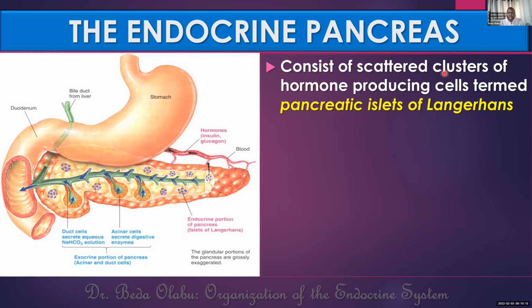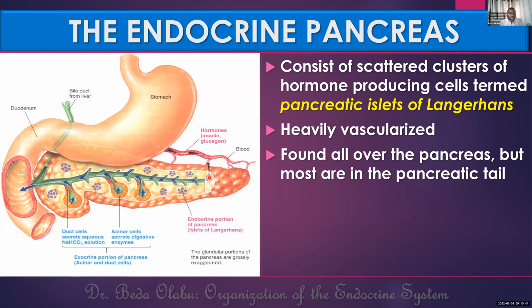We call them the pancreatic islets of Langerhans because they exist as islets. So those are islets. They're scattered all over the pancreas and they produce hormones. These islets are heavily vascularized. And it's for that reason that they're able to produce their hormones into the bloodstream.